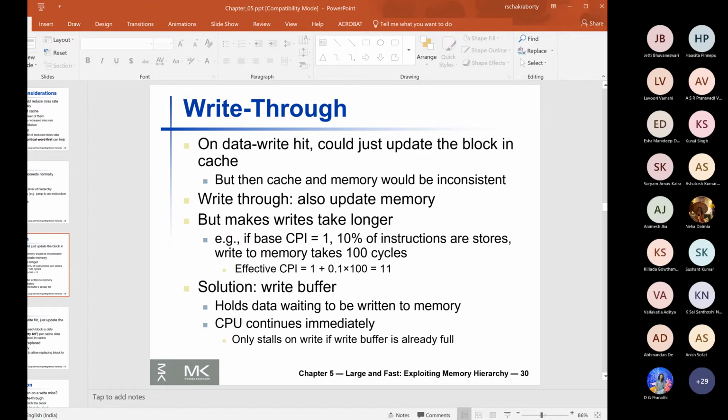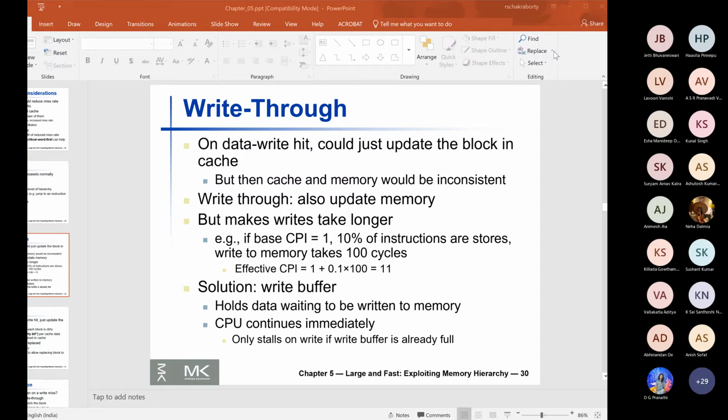Write through can be optimized a little bit by having a further write buffer in the microprocessor, beyond the cache and before going out to the bus, where you push data waiting to be written.